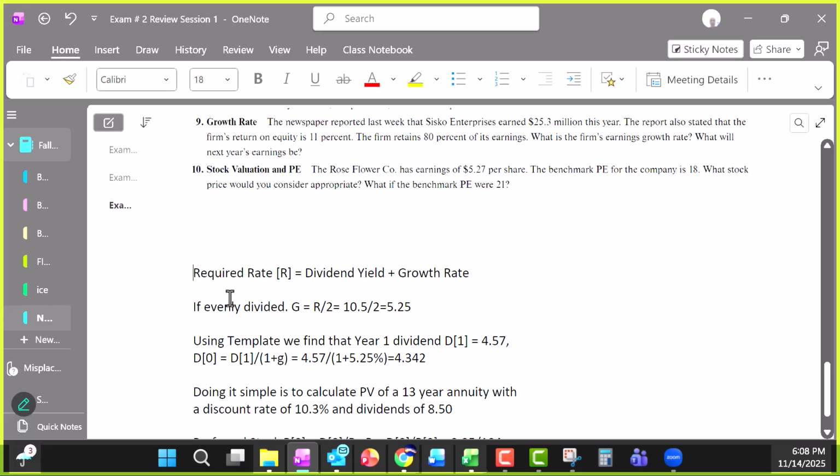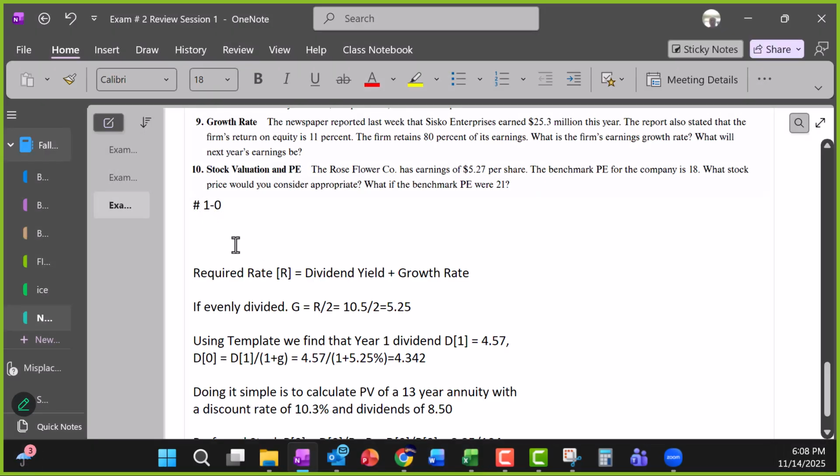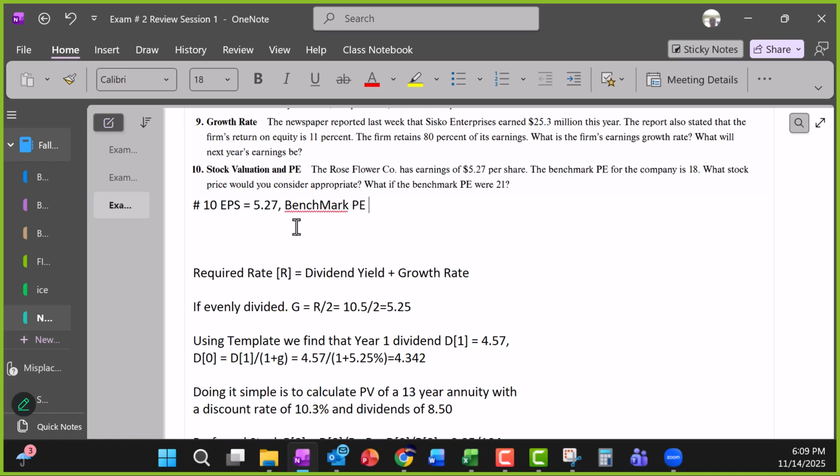Let's do it here. This is number 10. We know the EPS, 527. The benchmark PE is 18. What stock price would be appropriate?